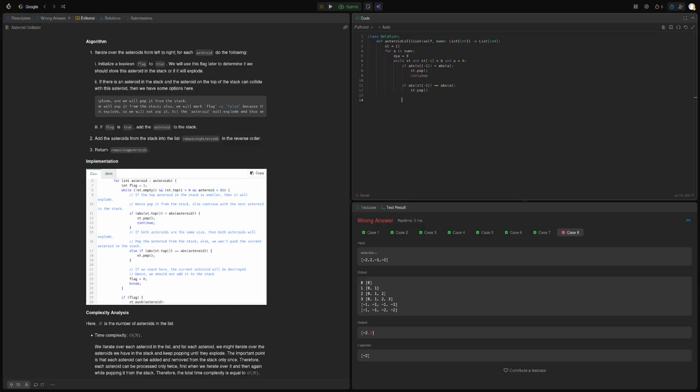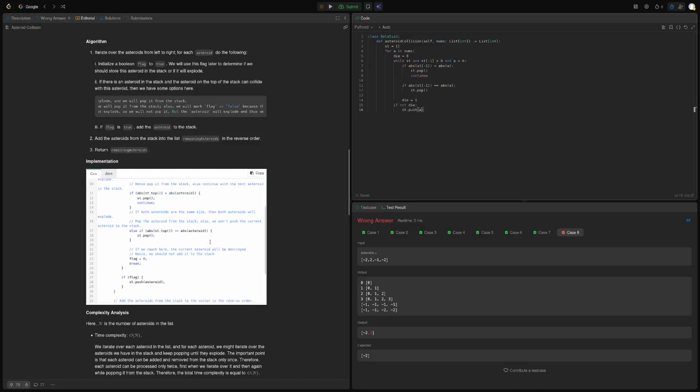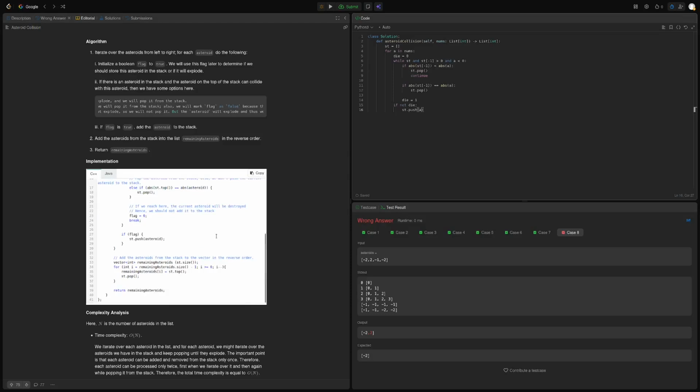So current so die will be 1. If not die, still push a. Ans append.